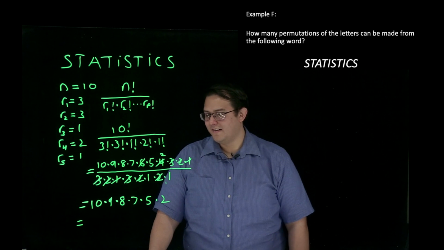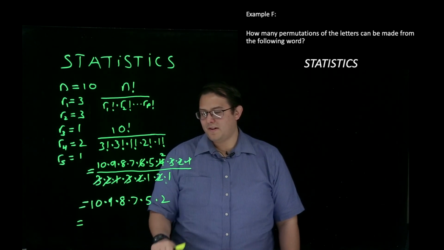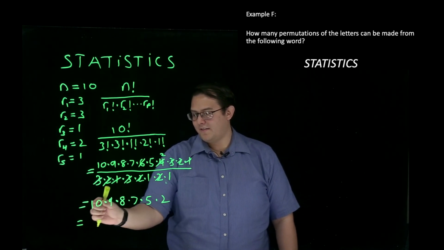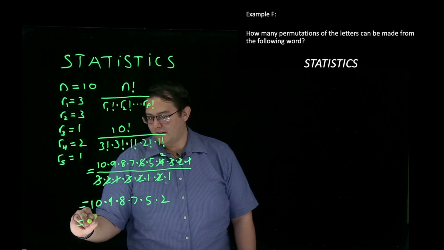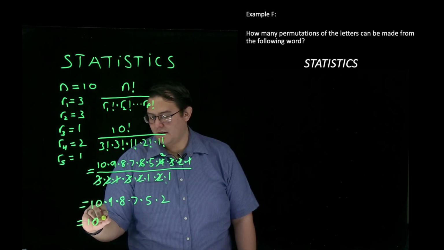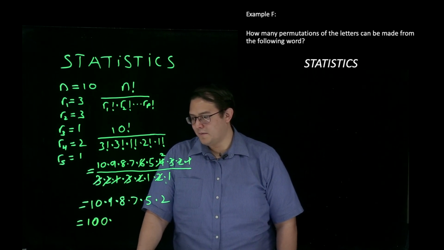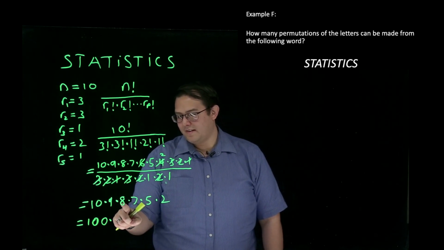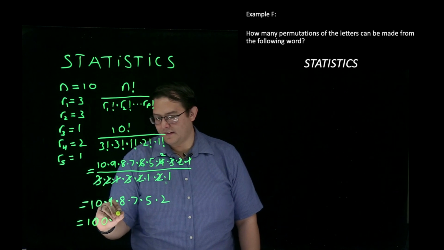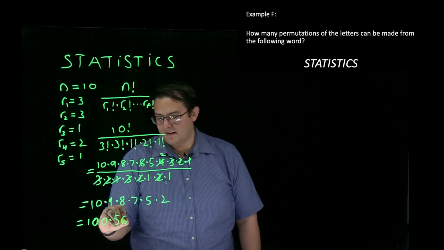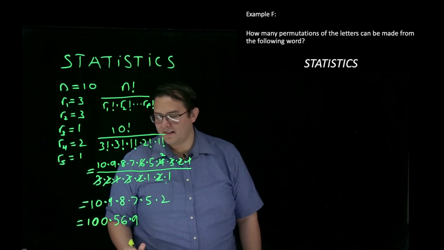Let's see. So if I do 5 times 2, that's 10. And 10 times 10 is 100. So this is going to be 100 times, let's see, 8 times 7 is 56. And then we got to times that by a 9.